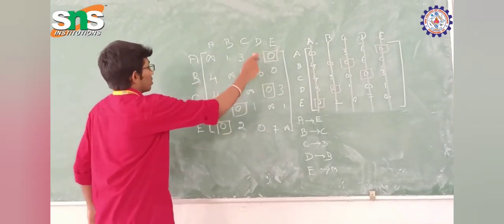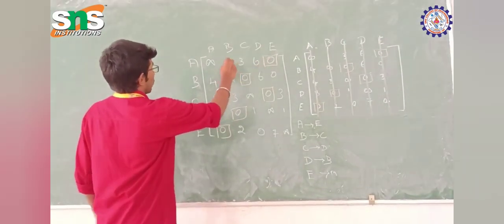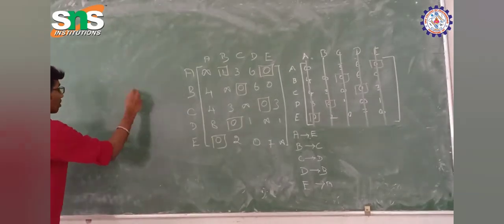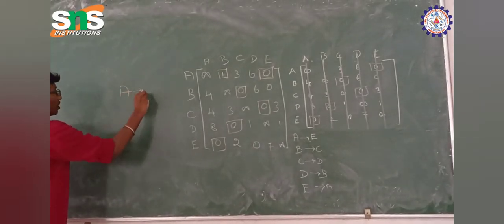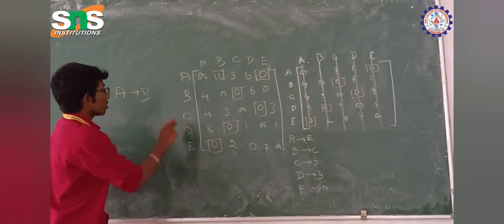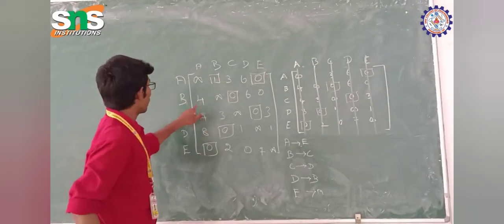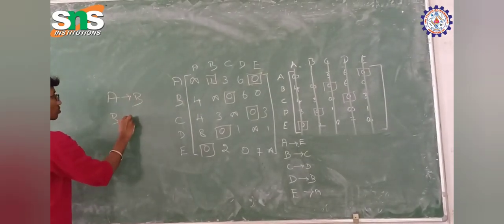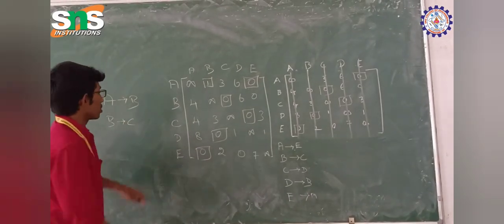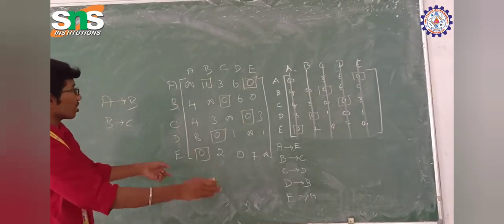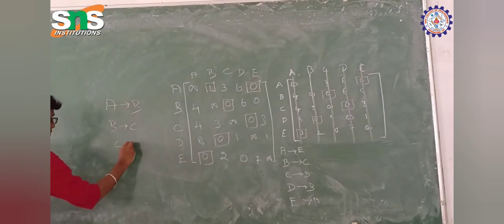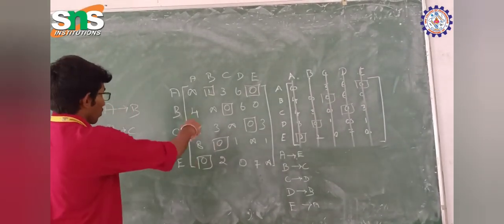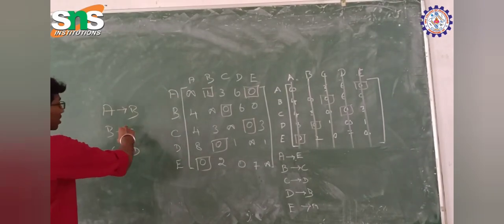So the next shortest element is 1. So the traveling salesman goes A to B. B to E is formed correctly. C to D is also formed correctly. D to B is not a proper cycle because B is already present.